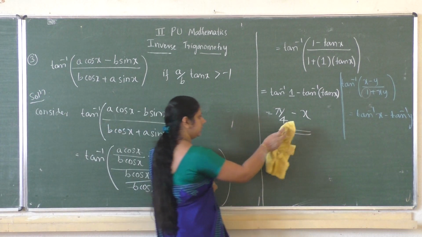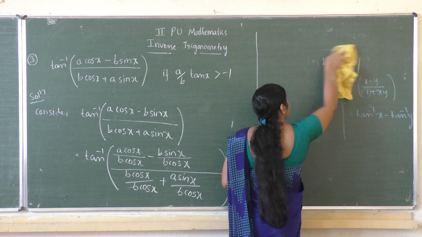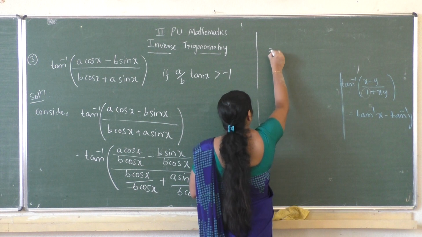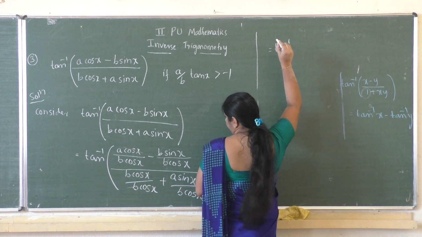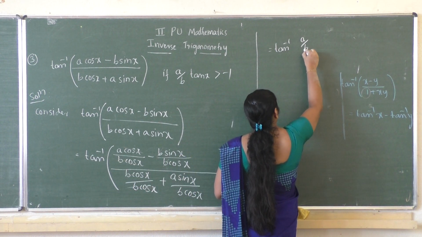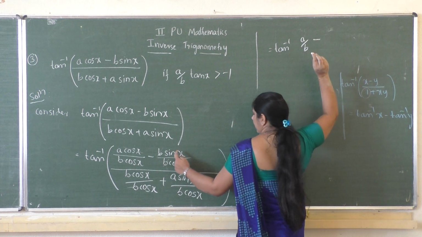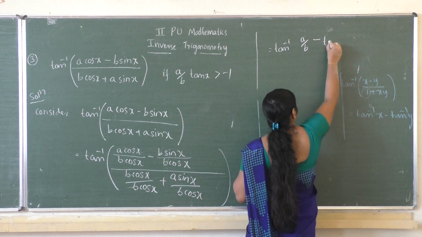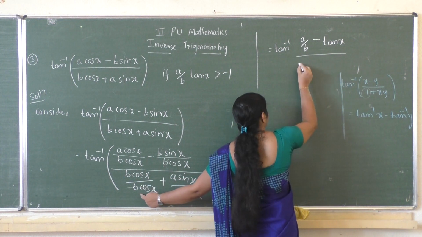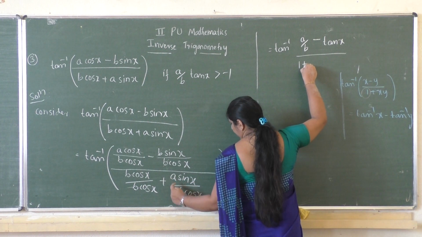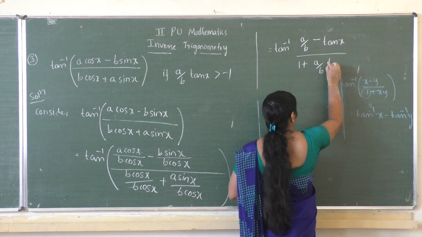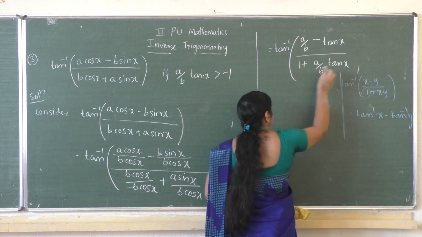What are the remaining terms? Which is equal to tan inverse of, the remaining terms are a by b minus, what is sin x by cos x? It is tan x, divided by 1 plus a by b into sin x by cos x, which is tan x.